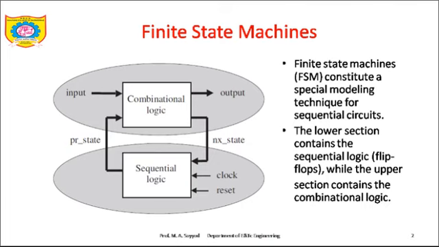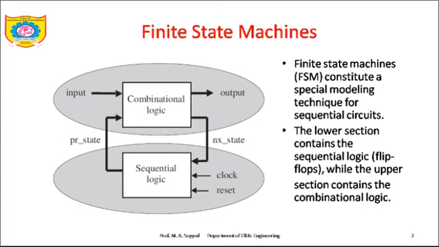If you see carefully, you will come to know that the upper part is a combinational circuit or combinational logic, and the lower part is a sequential logic. The sequential logic, you may also call it a memory, consisting of flip-flops, and the upper part is a combinational logic, which is also called the next state logic or output logic.